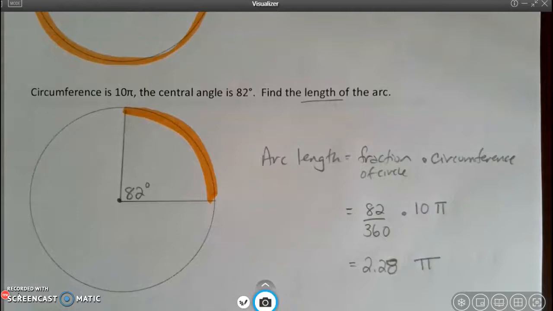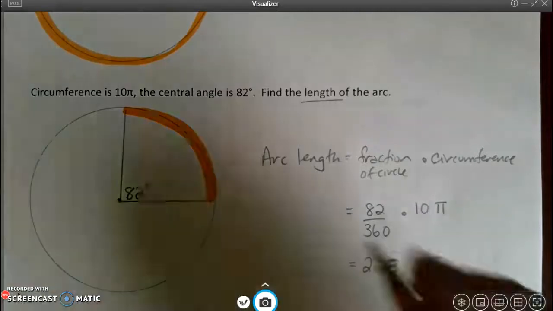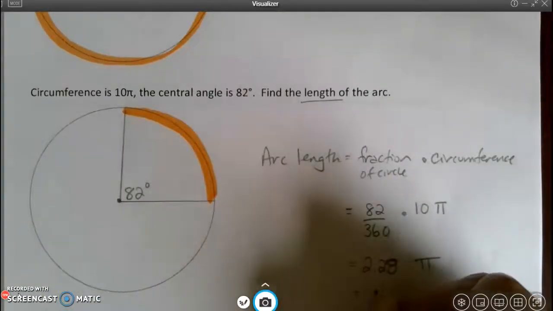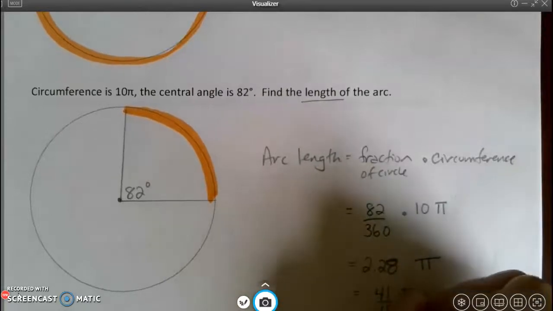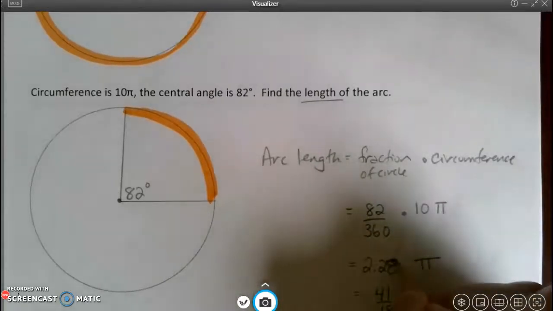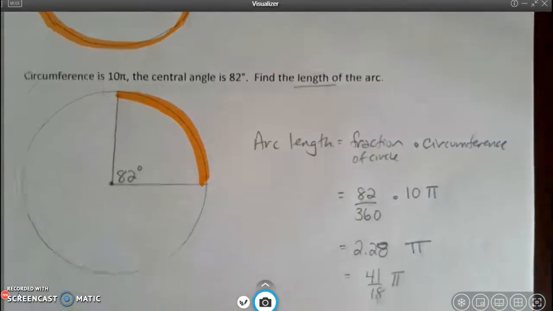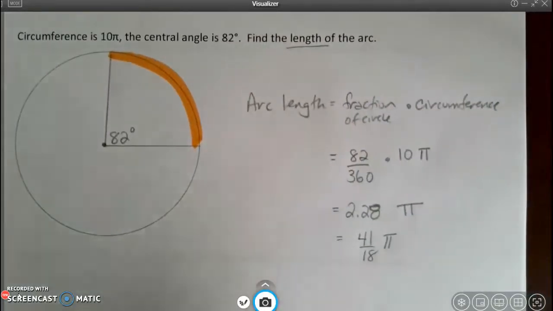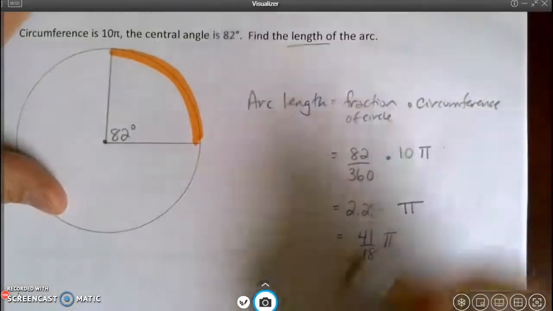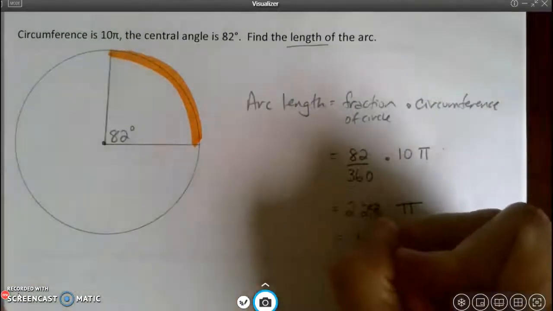And let's see if I convert that. I could convert it. It says it's 41/18 pi. I think I'm just as happy with 2.28 pi as I would be with 41/18 pi. Sorry, I didn't want 8 to look like that.